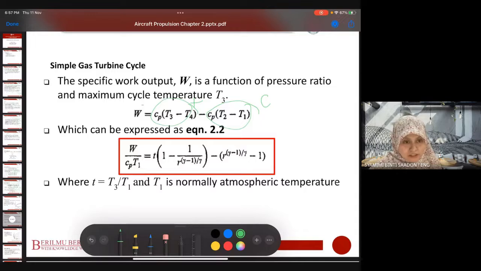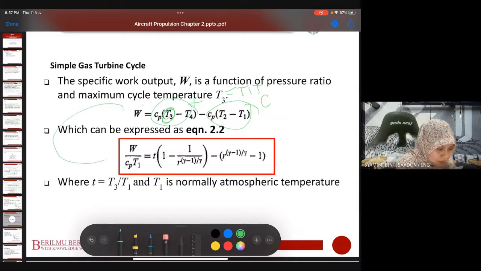So this specific work output depends on the pressure ratio, and also on the maximum cycle temperature, T3, or we write it as the turbine inlet temperature, TIT, the maximum temperature of the cycle for a simple cycle. So this specific work output can also be defined this way.